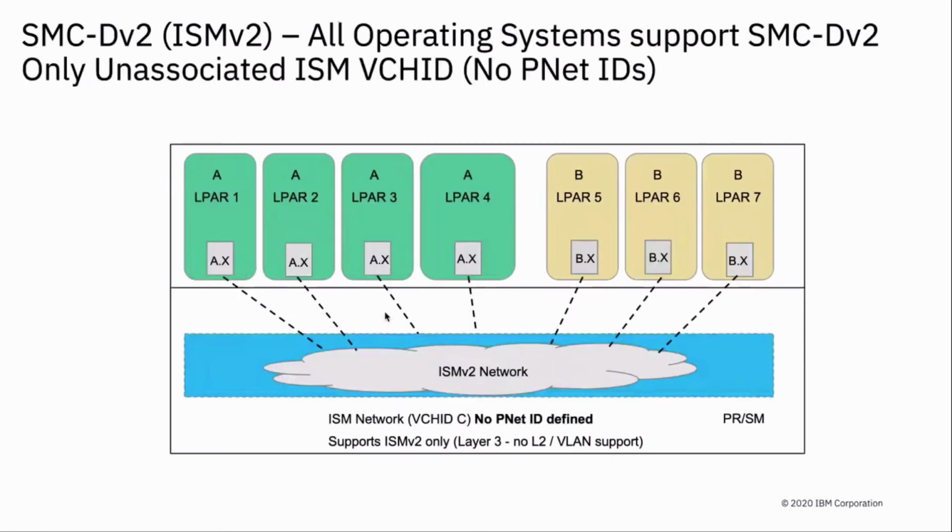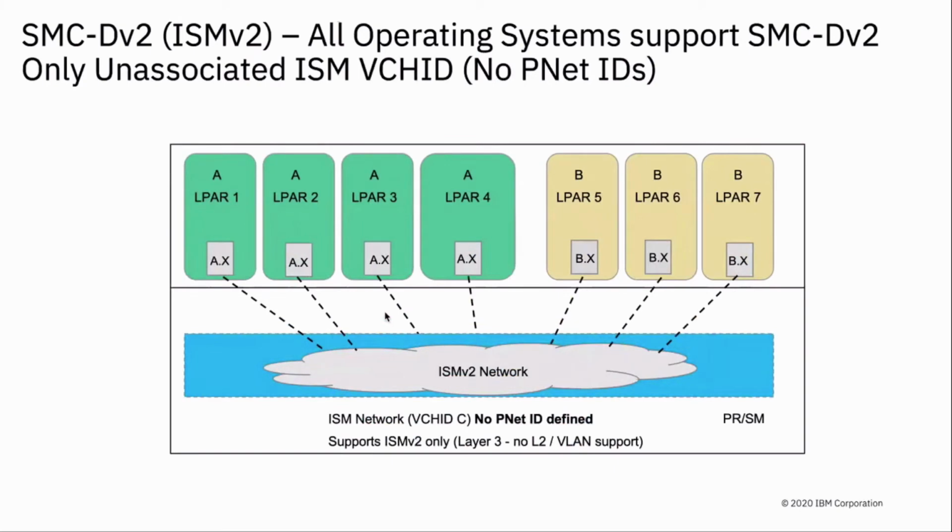Now, this final chart shows, well, this is really nice. Why don't they all do that? And this is what we'd like to get to. Very simple. You don't need the old and the new. Ultimately, all the LPARs can connect to a VCHID that has no PNetID, and there's no associated IP device per se. So I can connect with my TCP/IP connection over an OSA or HiperSockets, detect that I'm V2 enabled, and use this single VCHID for all communications.